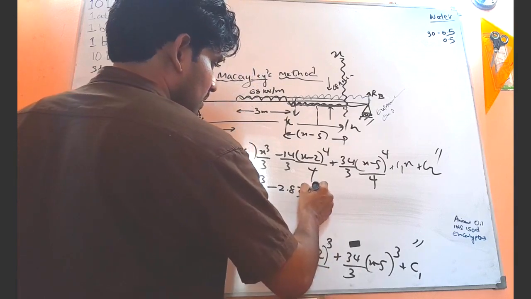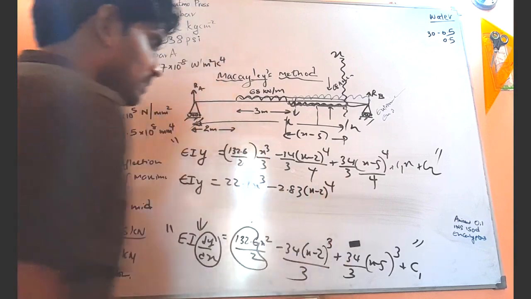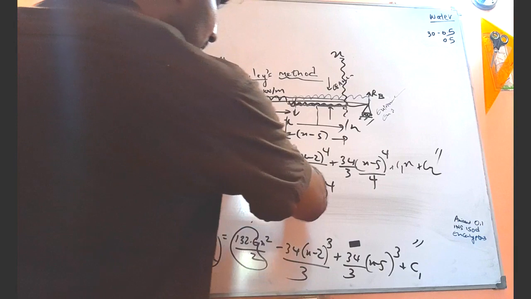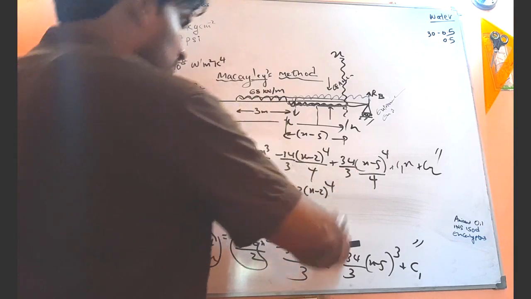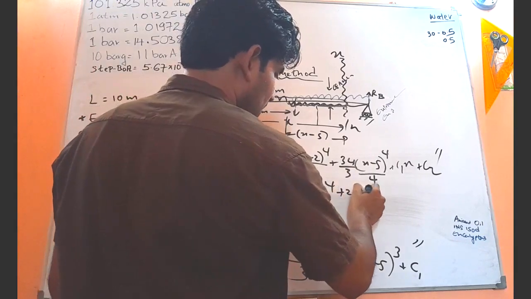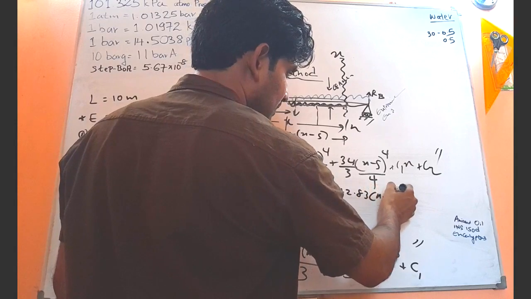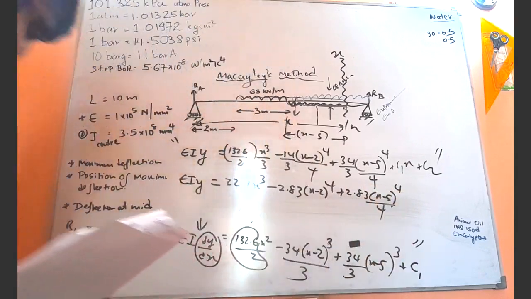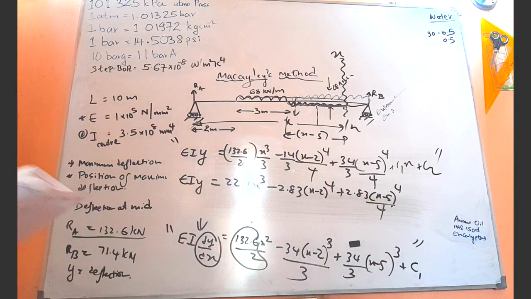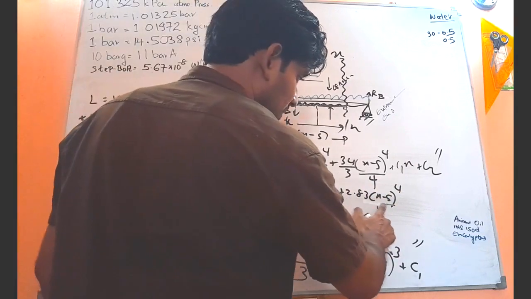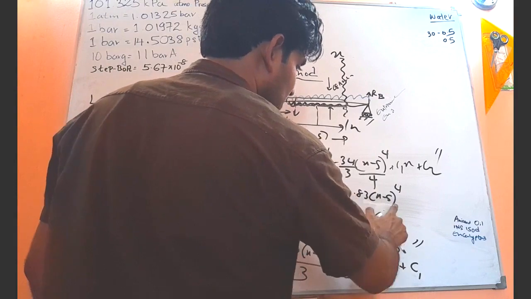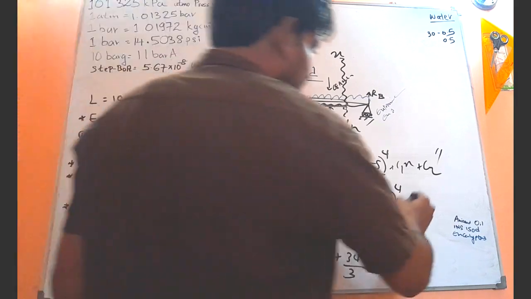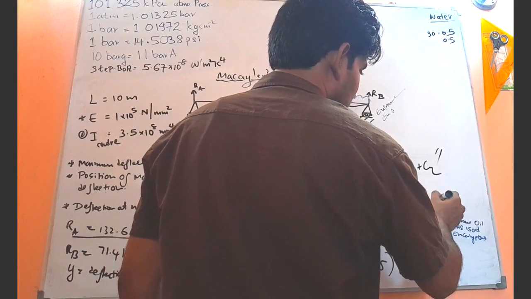2.83 (x minus 2) to the power 4. For the other term also, 34 divided by this, you get 2.83 (x minus 5) to the power 4, not divided by 4, right? You are not getting 4. Then C1 x plus C2, that's it.